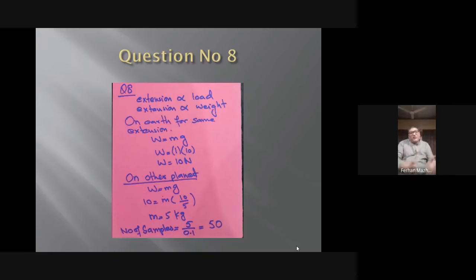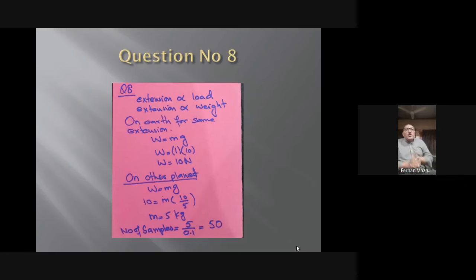Extension depends upon the load, how much force you have applied. So if you want to create a certain length, whatever force is required on the Earth, the same force will be required on the other planet to create the same extension in the same spring. On the Earth, the mass was 1 kg, the g value was 10.